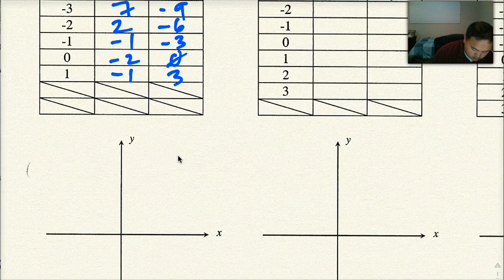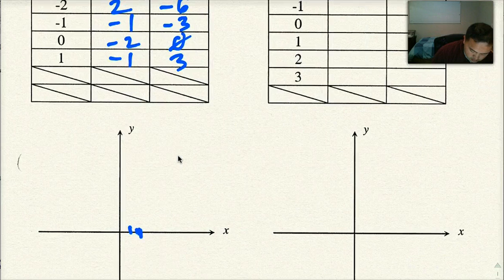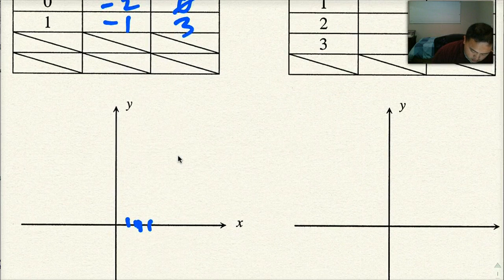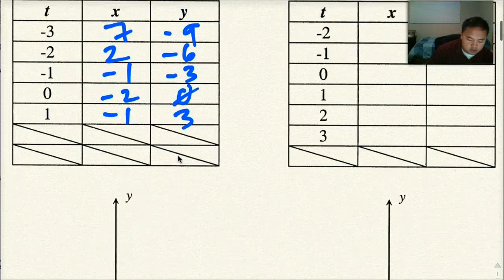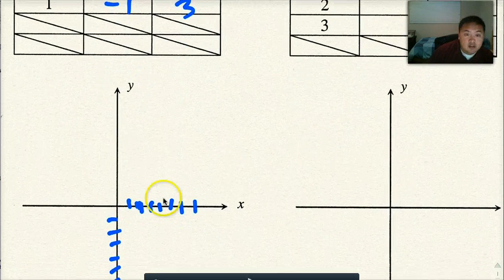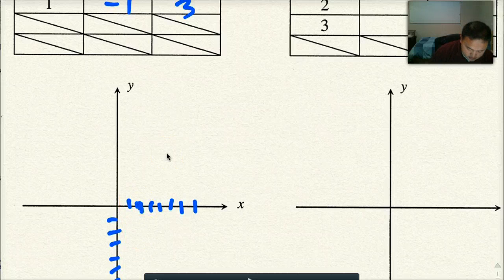I'll go 1, 2, 3, 4, 5, 6, 7, and I'll go down 9 spots. 1, 2, 3. So my first dot is going to be right there. The next one is 2, negative 6, so I'll go over 2, down 6.